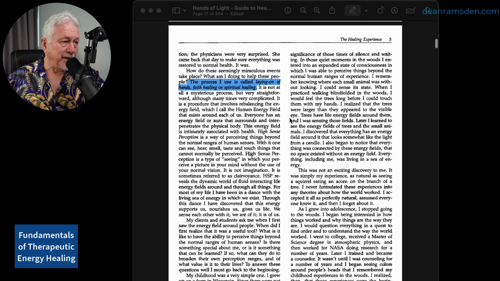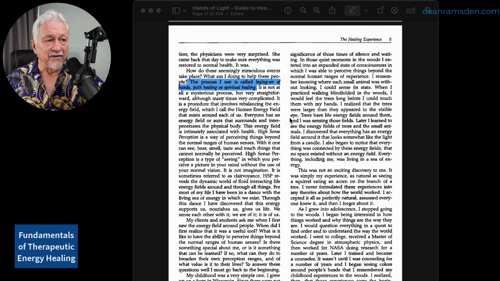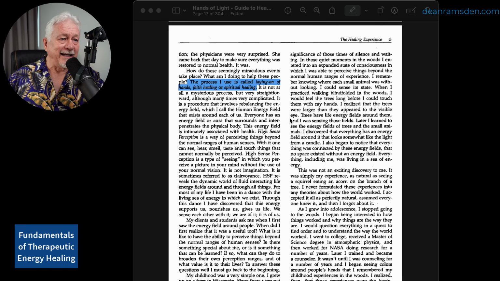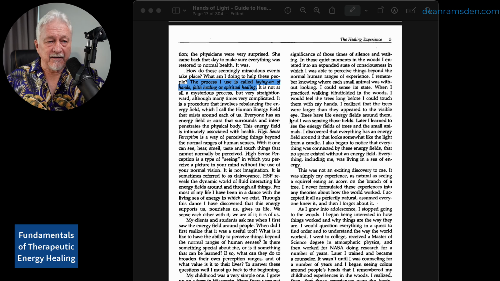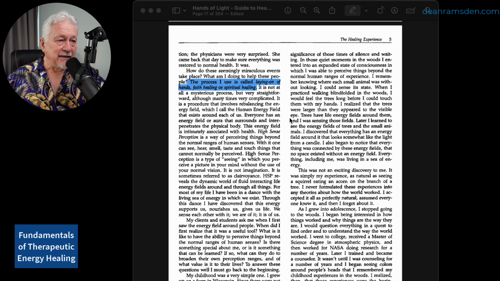So here on page 5, Barbara first writes, the process I use is called laying on of hands, faith healing, or spiritual healing. And she writes, it's not at all a mysterious process. I respectfully disagree, Barbara. It's a very mysterious process.